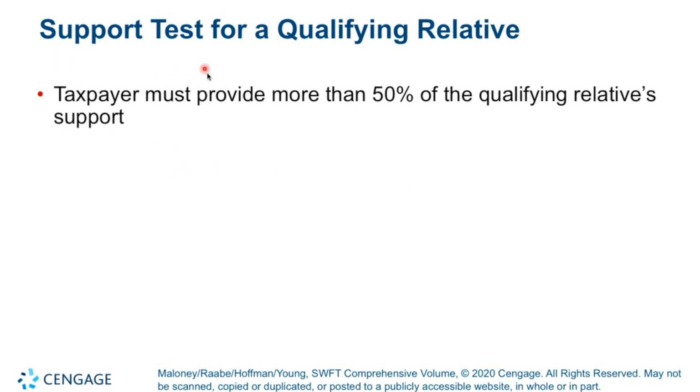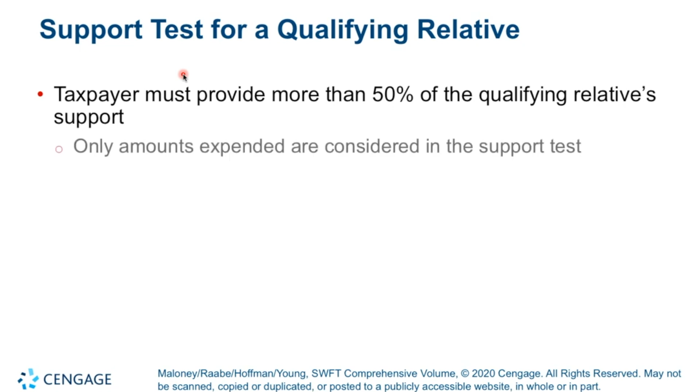Now, the support test for a qualifying relative is that the taxpayer must provide more than 50% of the qualifying relative's support, or an unrelated party who lives with the taxpayer all year. We haven't gotten to that part, but only amounts expended are considered in the support test.